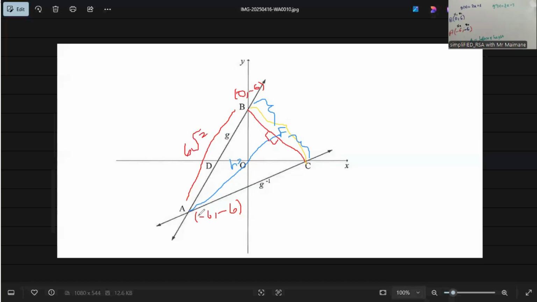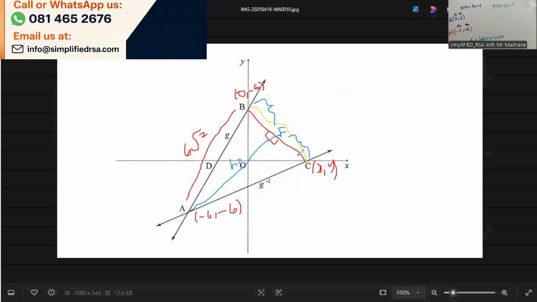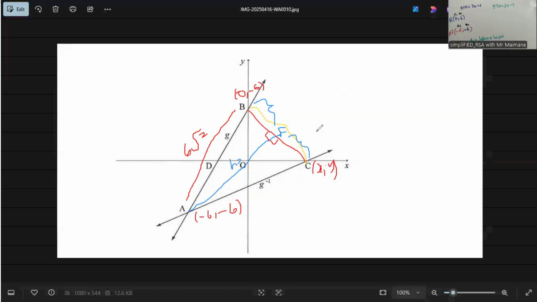Now, with this information, there's one point that I need to determine, which is point C. This point here, point C. I know that point C is the x-intercept of the inverse function. Now, if I can get that, then I can somehow determine my height in order to determine the area.